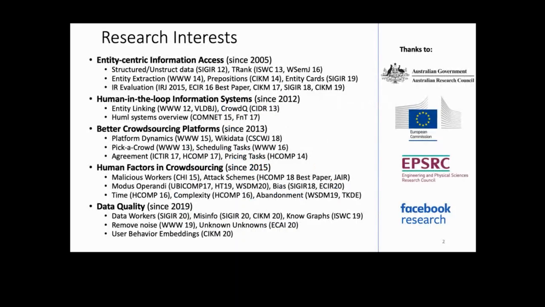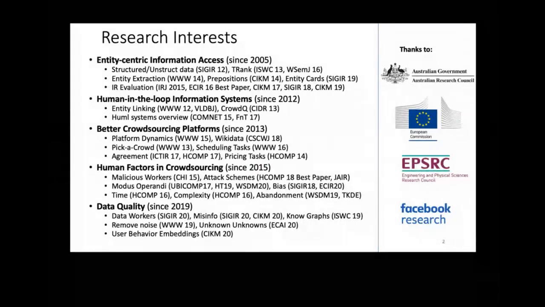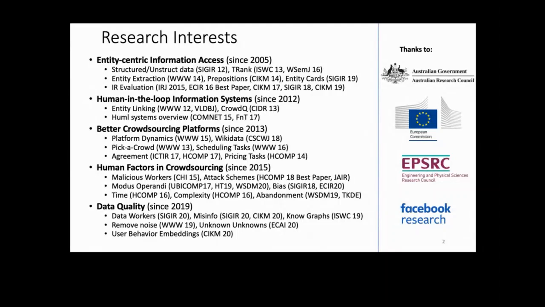Okay, so this is a big picture of the type of research my group is doing. It all started building information retrieval, information access systems, where we looked at accessing information through entities rather than keywords and just text and words.